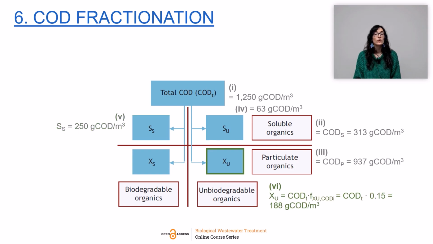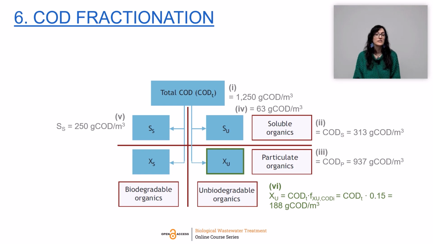Now we can calculate the particulate unbiodegradable fraction by considering the sludge ratio that has been provided in the example, which is 0.15 grams of unbiodegradable COD per gram of total COD. And we can calculate the concentration by multiplying this fraction by the total COD concentration.